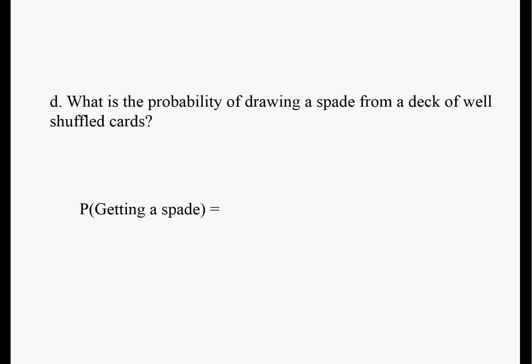Okay. Therefore, the total number of possible outcomes if you draw a card from a deck of playing cards is 52, and there are 13 different ways to obtain a spade. Therefore, the probability of getting a spade is simply 13 over 52, and you simplify that to 1 over 4. Okay.